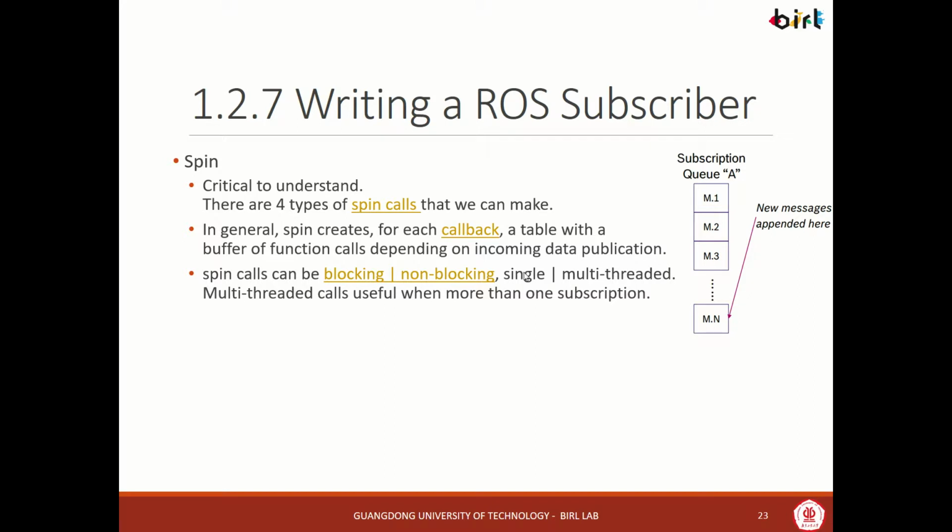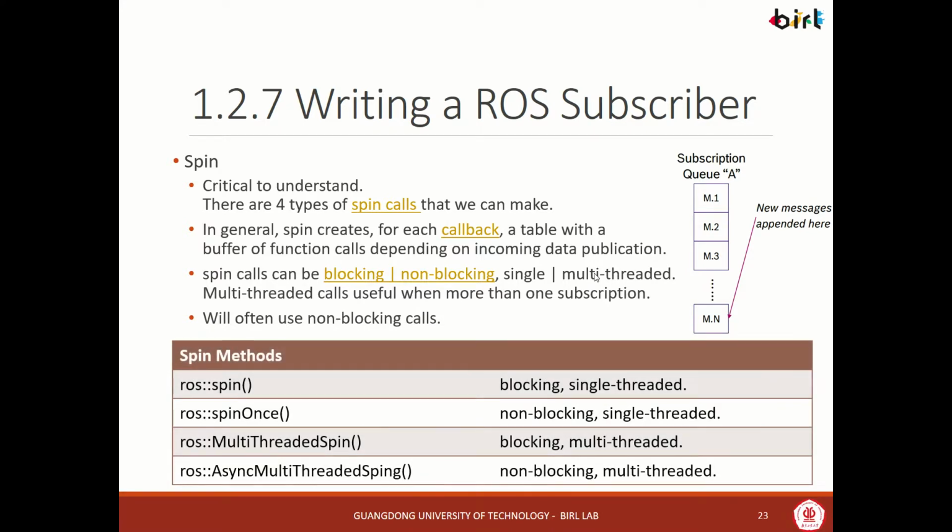Spin calls can also be single-threaded or multi-threaded. Multi-threaded gives you higher performance if you have multiple callbacks, and I'll introduce that in a second. Most of the time we will use non-blocking calls, okay? And so here is a summary of those 4 methods.